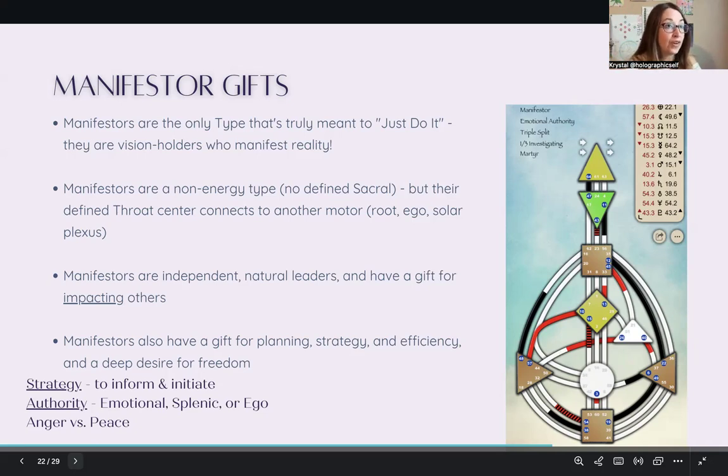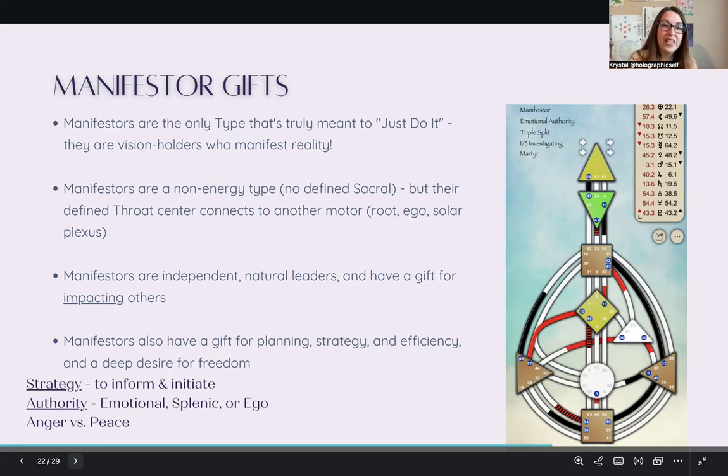So lots of people that are very visible in our culture were manifestors. They are making things happen on a grand scale. And often, what needs to happen for these folks is other people have to have the buy-in and believe in the manifestor's vision in order to help contribute to what they want to come through.